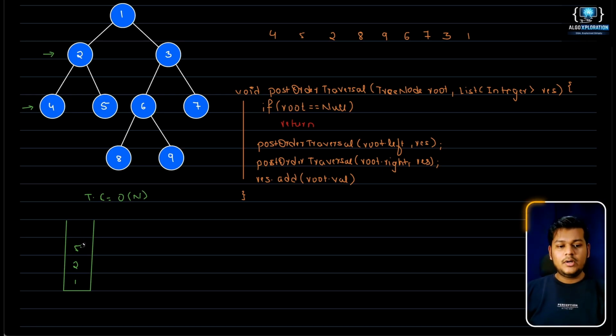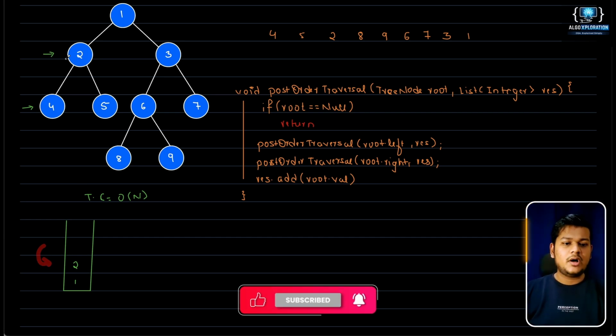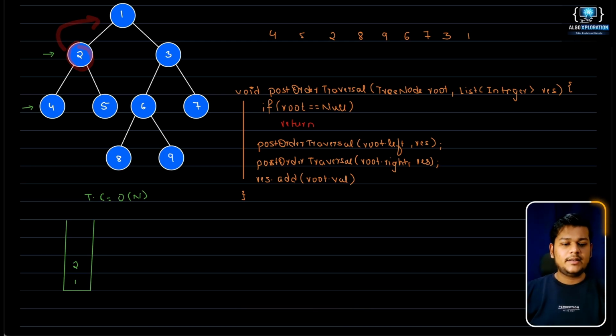Okay, now once 5 has also been processed, it will also be removed. Then we'll come back to 2, and 2 will be processed, that means it will print. After printing, we'll again go to 1, which means 2 has been popped off. Once 2 has been popped off, this place is taken by the sibling of 2, which is 3.